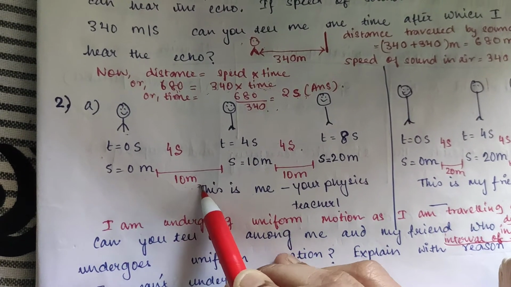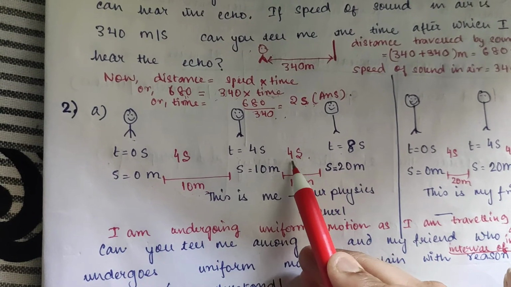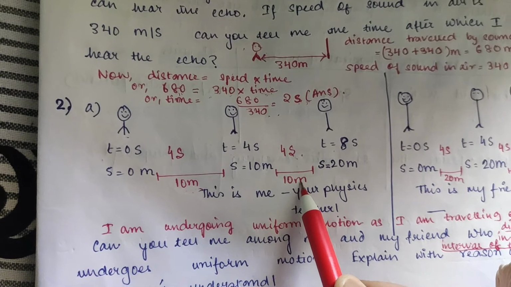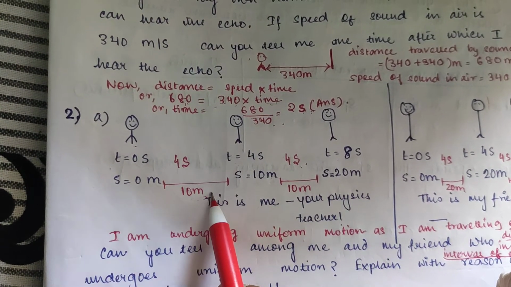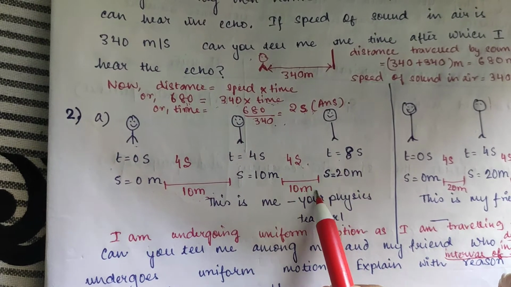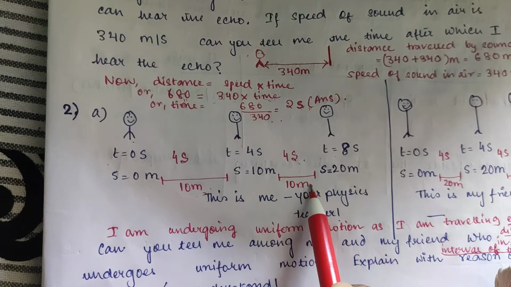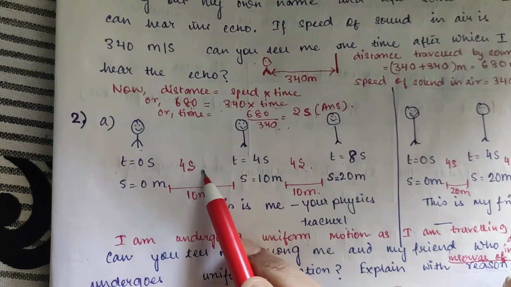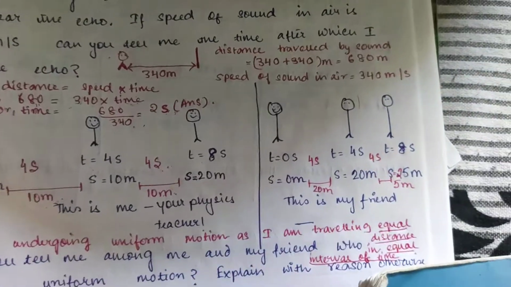Again, in the next 4 seconds, that means 8 minus 4, I have walked for 10 meters again. 20 minus 10, 10. So I've again walked for 10 meters. That means I'm covering equal distances in equal intervals of time, isn't it? But look at my friend.